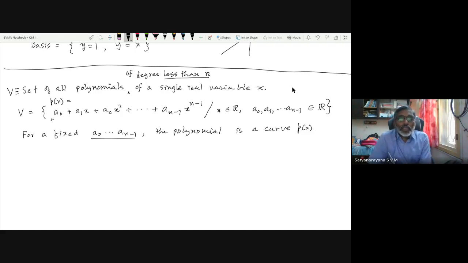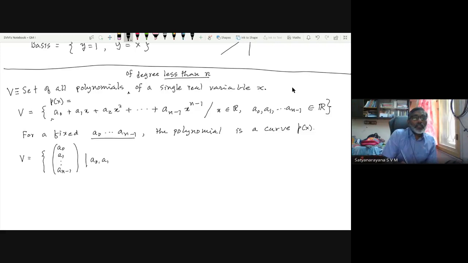Now see, 1, x, x squared, these are like donkeys. One is one donkey, x is one donkey, x squared is another donkey. So for each donkey you have to associate one real number, that is a0, a1, etc. So I could have written this vector space as a0, a1, etc., an minus 1, such that they are real numbers, because the full x is there for all these polynomials.